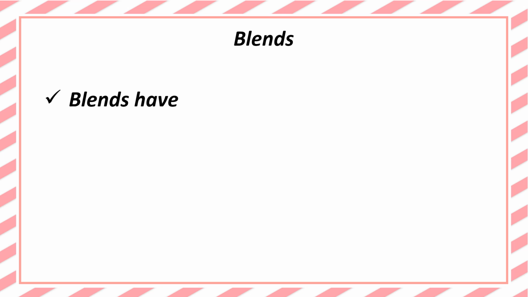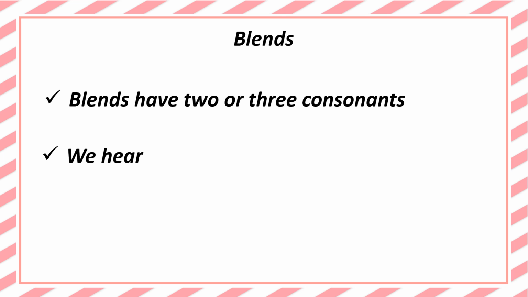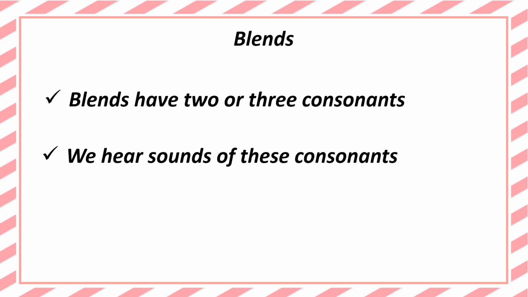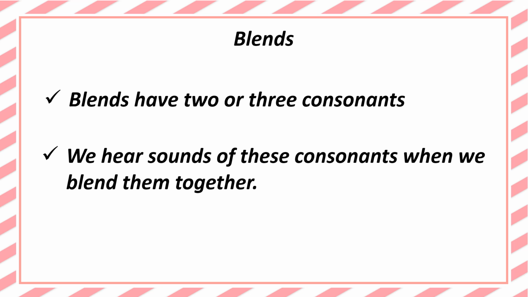Blends. Blends have 2 or 3 consonants. We hear the sound of these consonants when we blend them together. We hear the sound of both the consonants. B plus L makes bl.